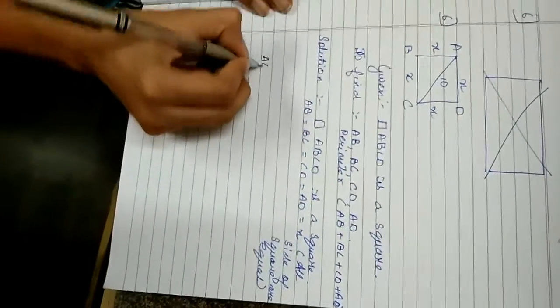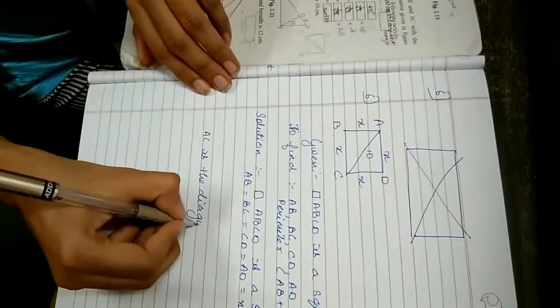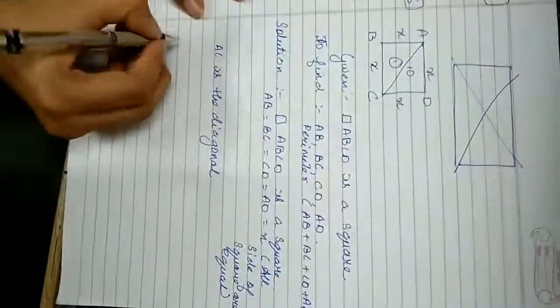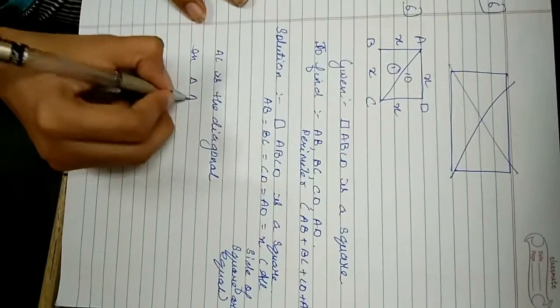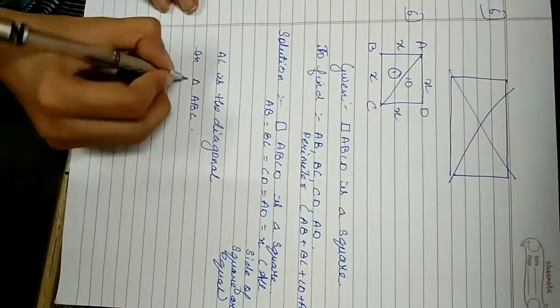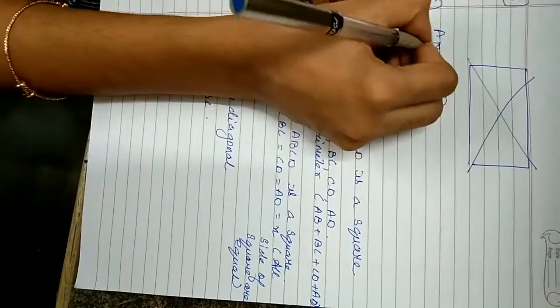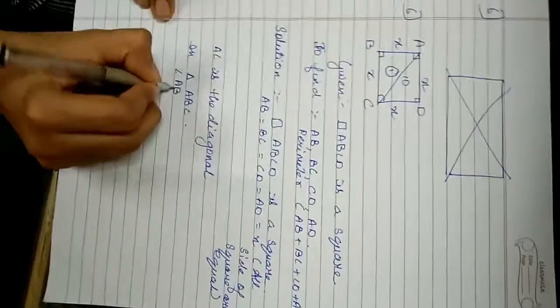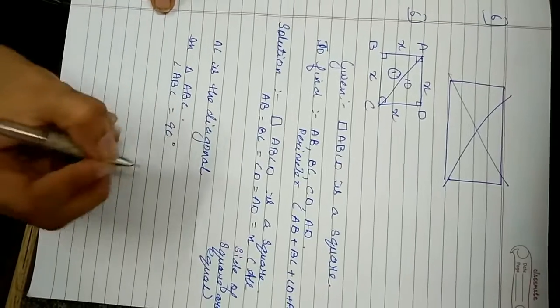Now AC is the diagonal. Let us consider one triangle, that is triangle ABC. Angle B is 90 because all angles of a square are 90. So angle ABC is equal to 90 degree.